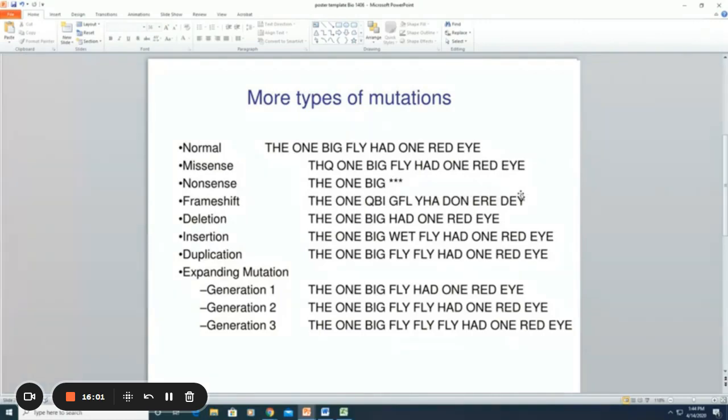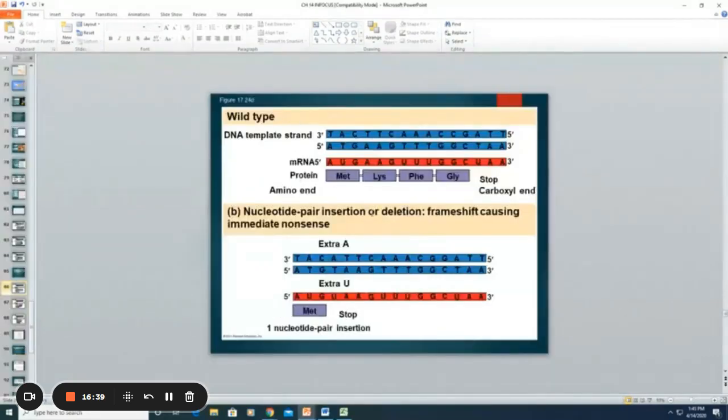It's still making protein, but not the right proteins and the right amino acids in the right order. Or as if you had a deletion, right? You could have a deletion of 3 nucleotides, or you could have a deletion of 2. Here's an example. Here's where you have an insertion of just 1 nucleotide that causes me to have an early stop codon.